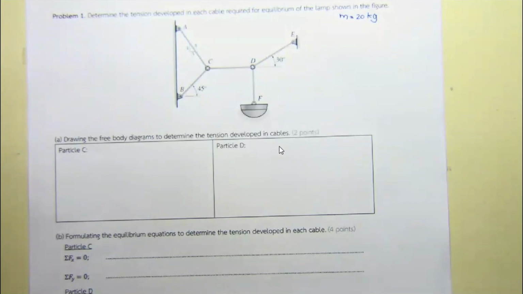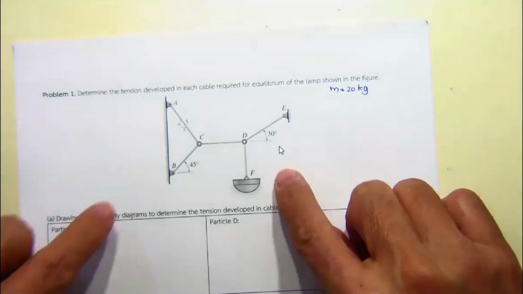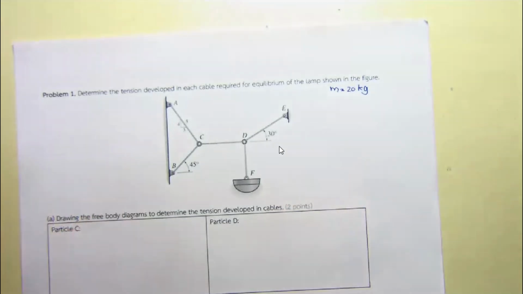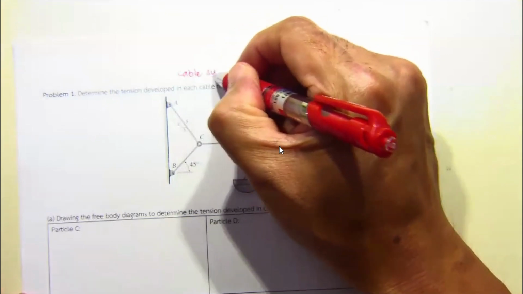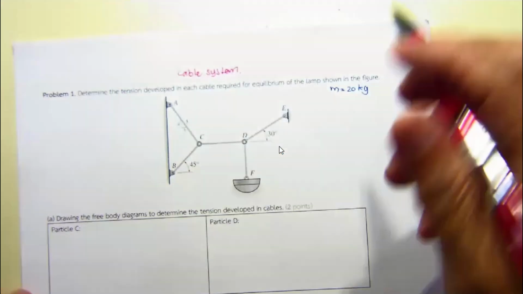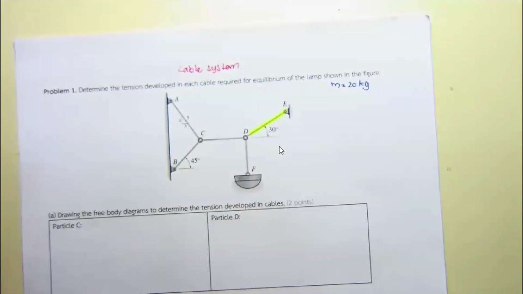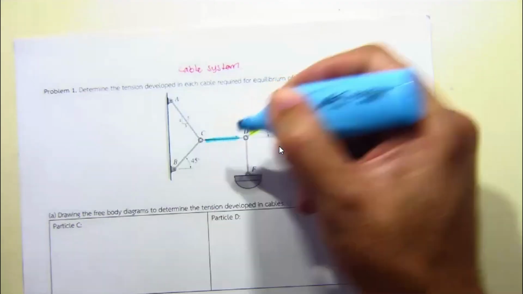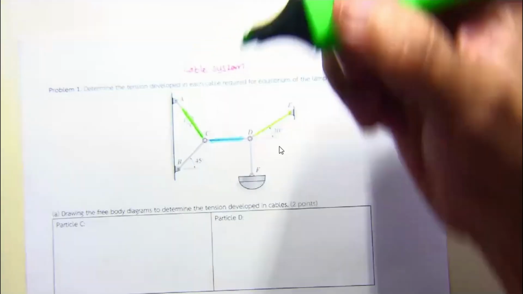We have this problem by Ajahn Chao many years ago, and he keeps the pictures over here. This is the cable system. This cable system is composed of four cables: this one DE, this one CD, CA, and the last one CB.